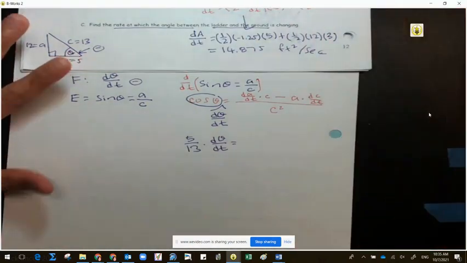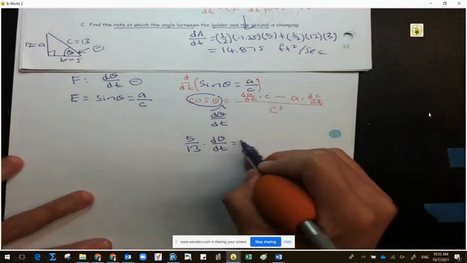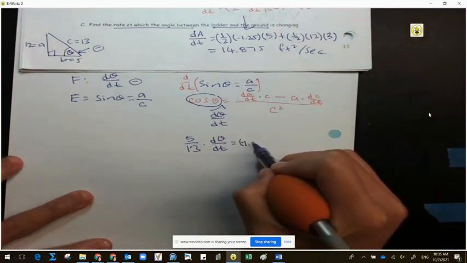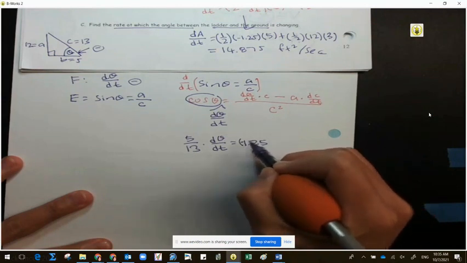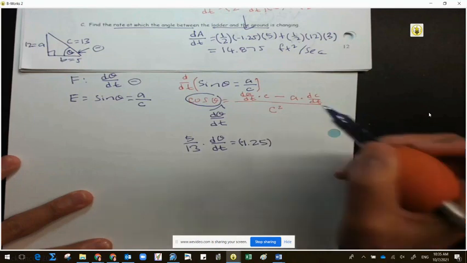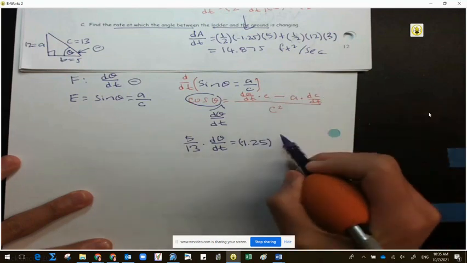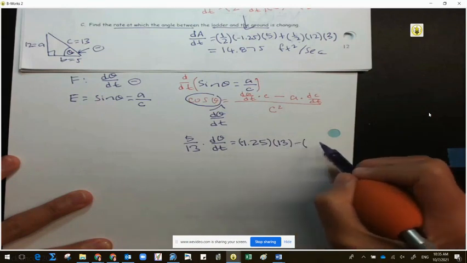What was dA over dt from this problem at the beginning that we found? Negative 2.5. Very well. This was on part A, if you did not get caught up. And then the next piece was our C. What is our C value? 13. Minus, what is our A value? 12.